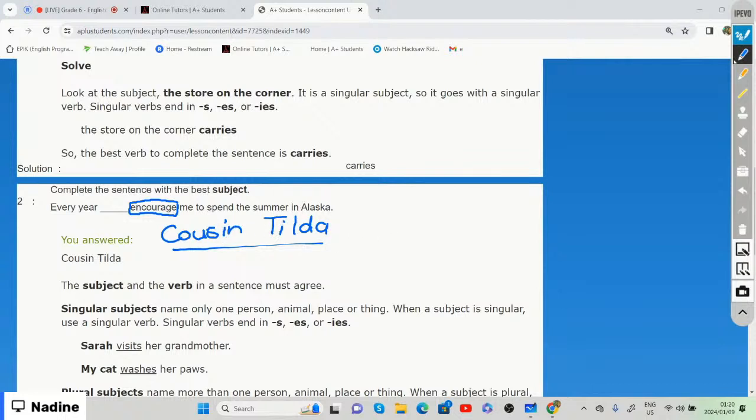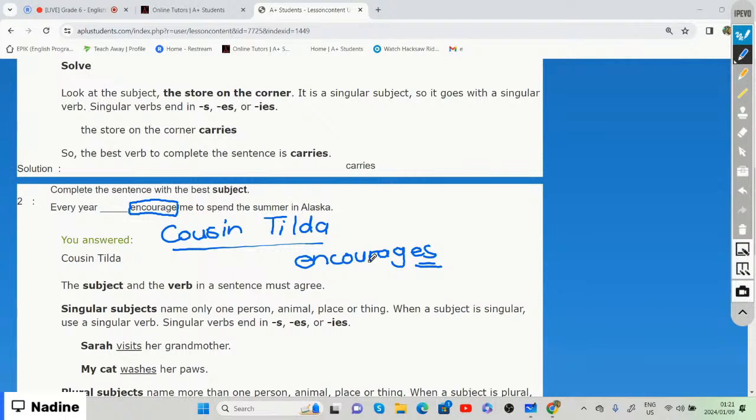Remember, we said that with a singular subject comes a singular verb, which ends in S, ES, or IES. So in this case, we need to say Cousin Tilda encourages me to spend the summer in Alaska. So encourages with an S.